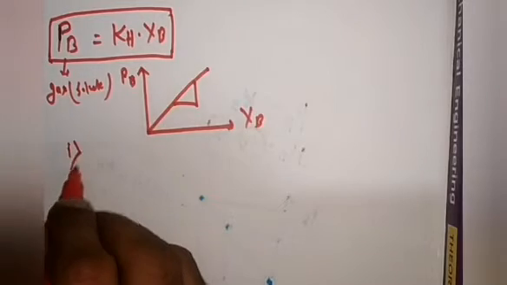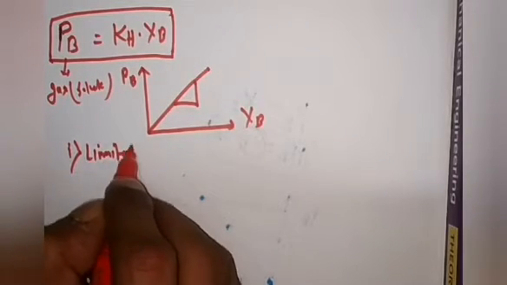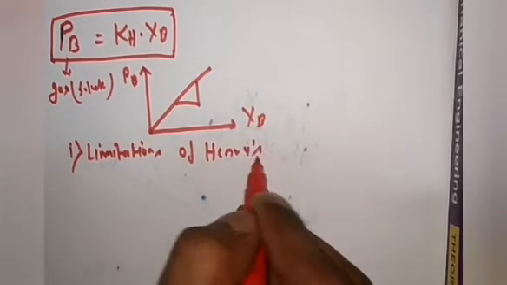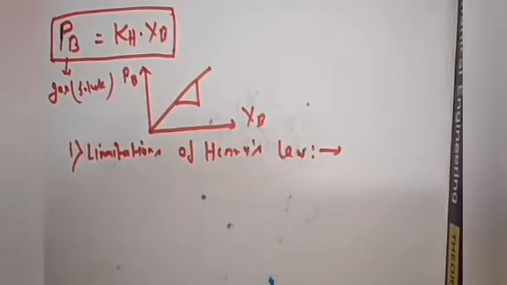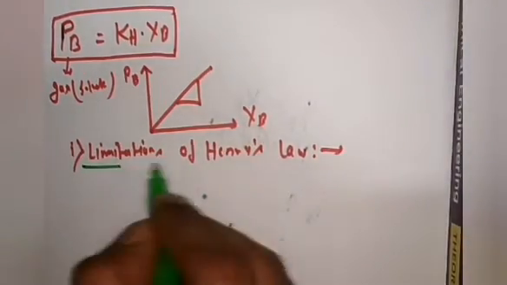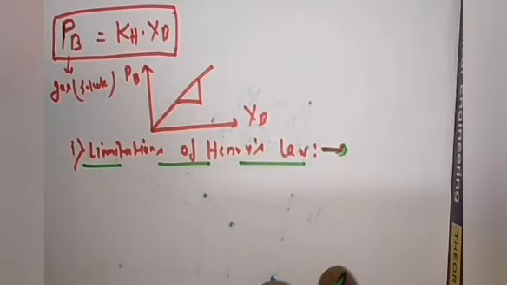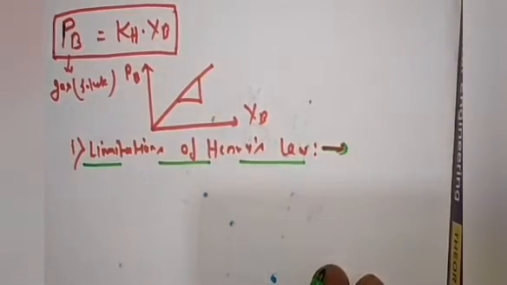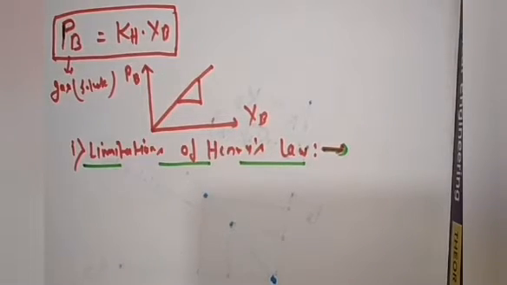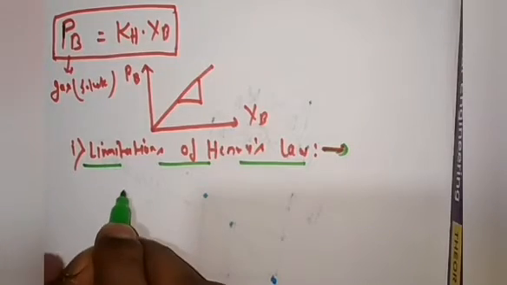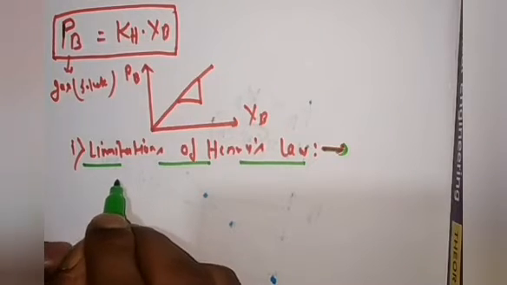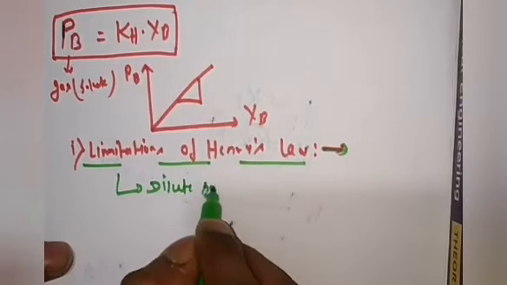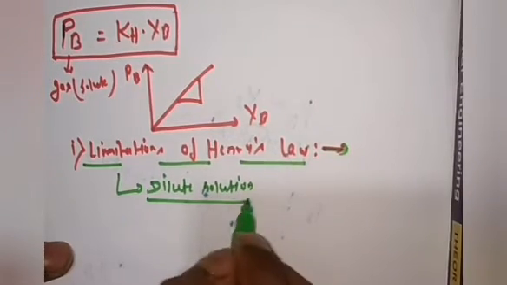Now understand one thing: where can we apply Henry's law? So first, the limitations. Because this is a law, we can't apply Henry's law to any solution throughout, because there is a certain limiting condition, and that limiting condition is that this is only applicable for dilute solutions.